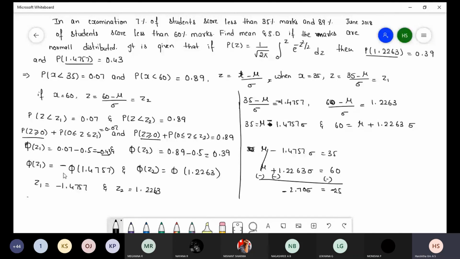So what is the sigma value? Minus will become plus. So 25 divided by 2.70 is 9.259. So substitute this sigma value in any one of the equations. So mu is equal to 35 plus 1.4757 into 9.259, or 0.6635. This is the answer.